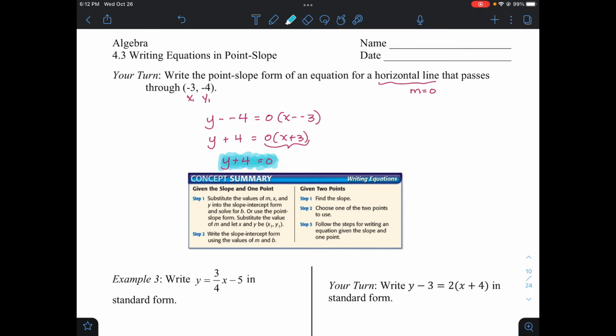Okay, so hopefully you got y plus 4 is equal to 0, all right?